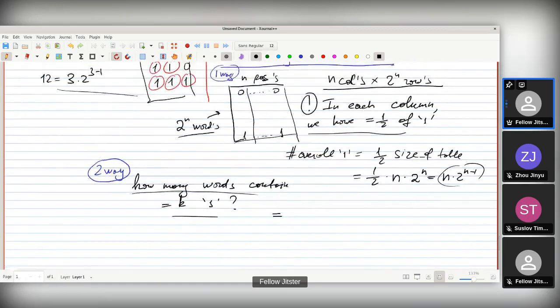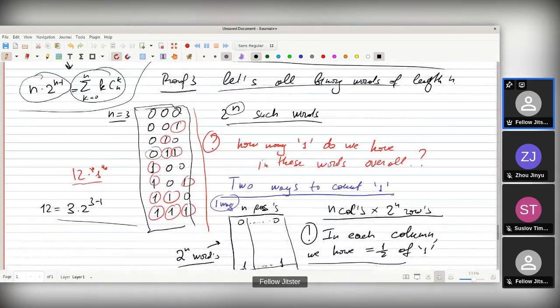How many words of length 3 contain exactly 2 unities? It's like how many letters we have in a word. Here you are right, but in general you won't be right, because the main idea here is to choose 2 positions for unities out of n. Do you agree?